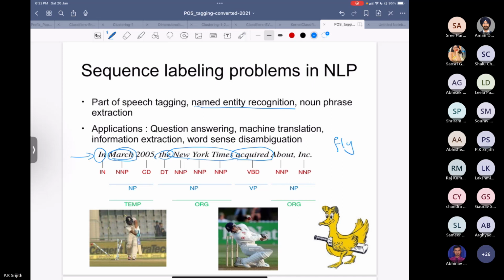And again, you can see that named entity recognition can also be seen as a sequence labeling problem. The main idea behind the sequence labeling problem is that you determine the label of a particular word not just based on that word alone, but also taking the previous words or the surrounding words into account.